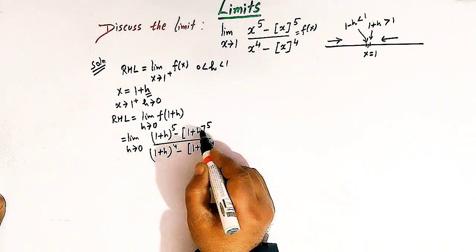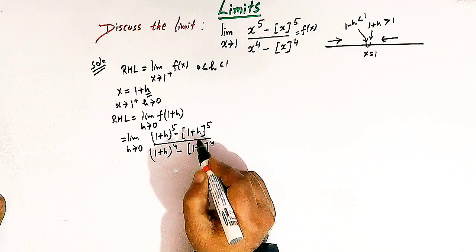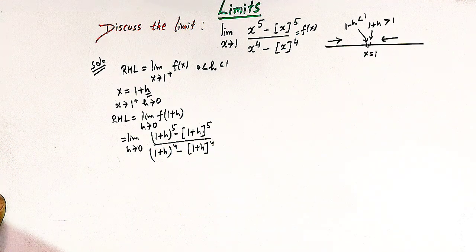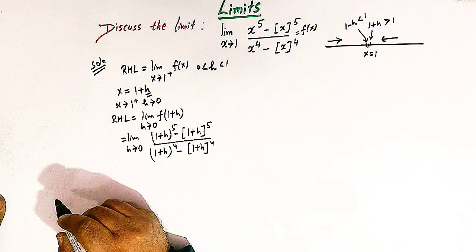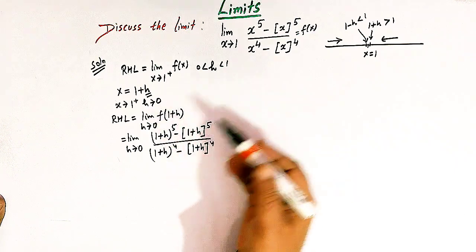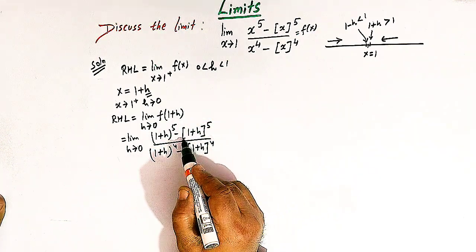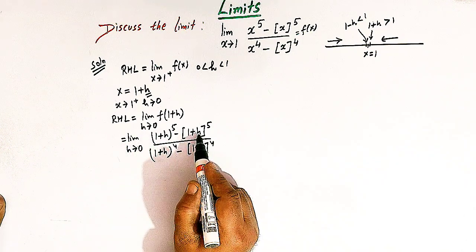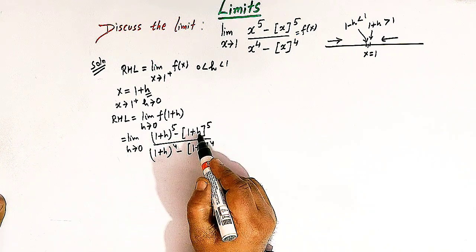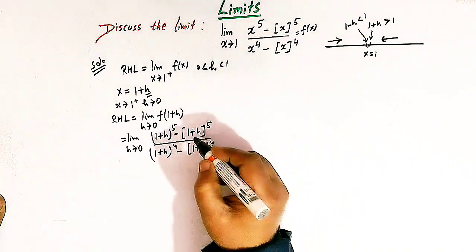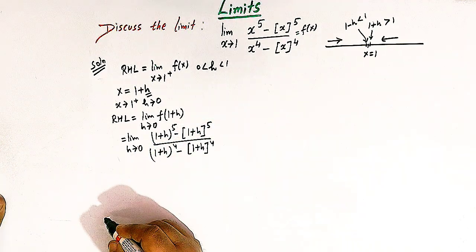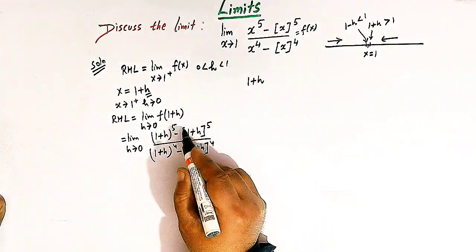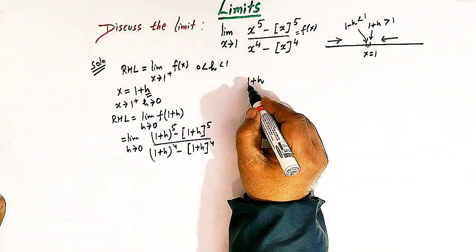Now see, here we have the greatest integer function. First we have to take care of it, because the greatest integer function is a very special function, and whenever we come across it in limits, we cannot directly substitute h equal to 0. So we will apply the definition of the greatest integer function. Here we have the greatest integer of 1 plus h.